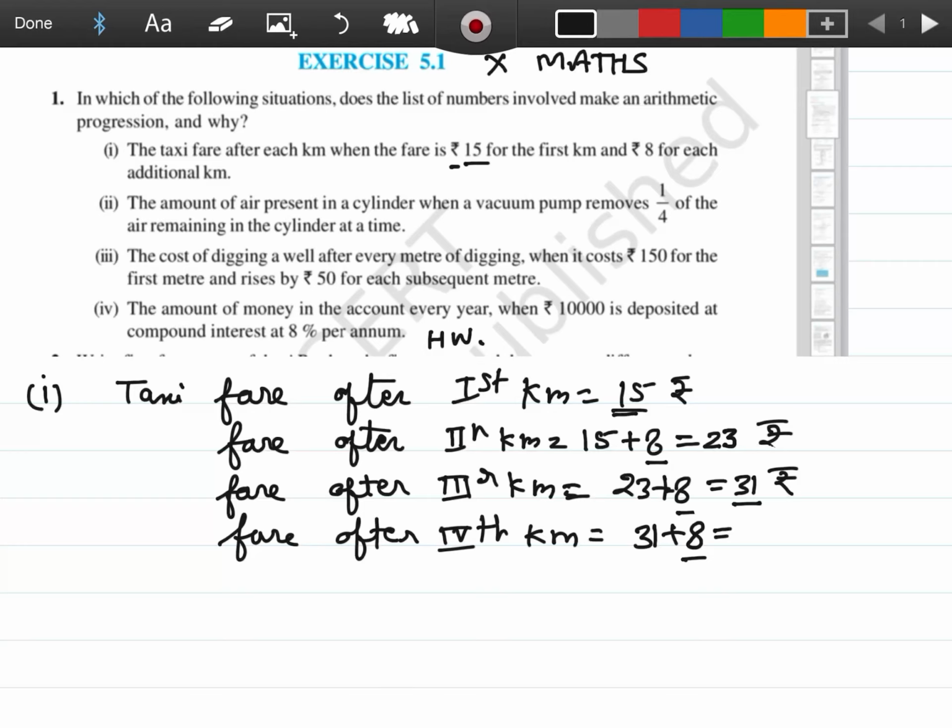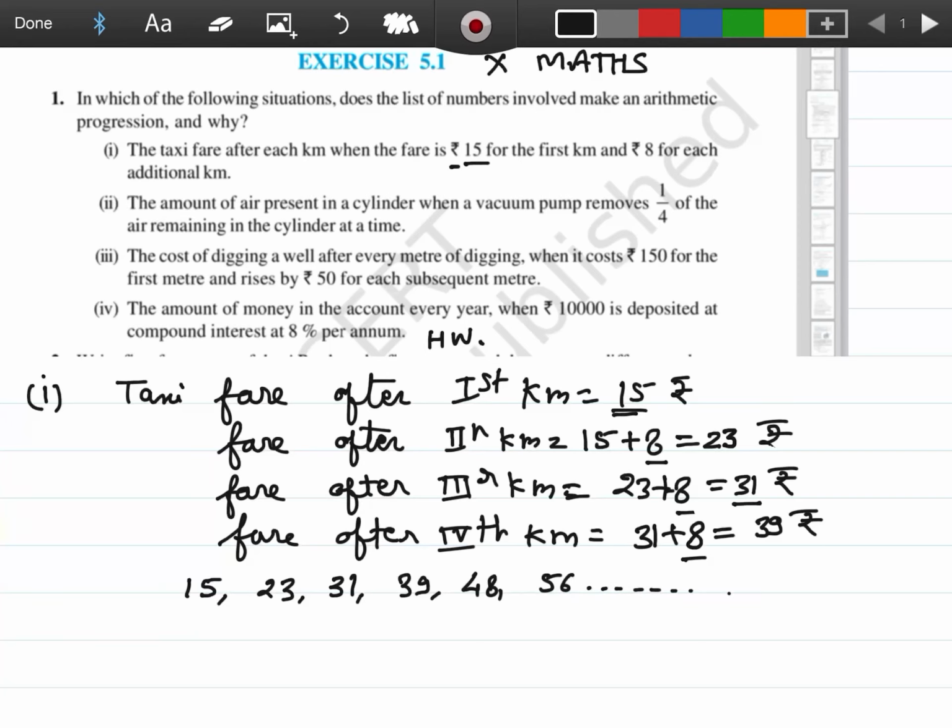So the taxi fare after completion of 4 kilometers will be 39 rupees. You can see the sequence we are getting here: 15, 23, 31, 39, and what will be the next? 39 plus 8, 47, then 55, and so on.